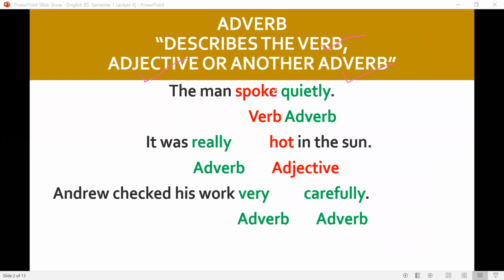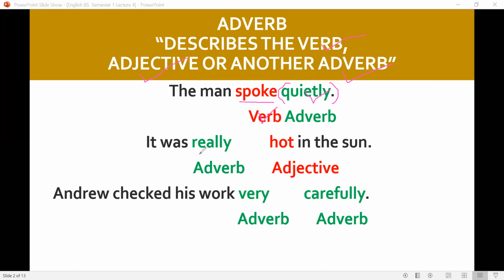Like, the man spoke quietly. Spoke is a verb. This quietly is telling us the manner he is speaking. This word is adding to the meaning of the verb, or describing the verb.